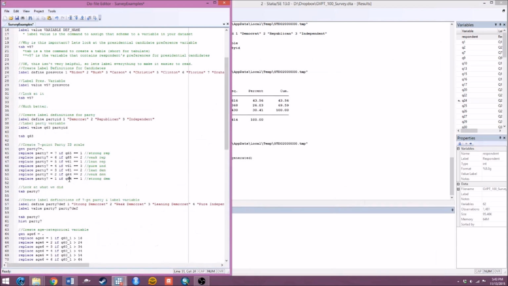So we have replace party 7 equals 7 if this question is equal to 1, meaning strong Republicans. A side note for Stata: you'll notice this has a single equals mark, and this has 2.